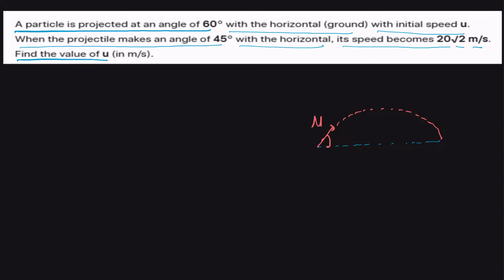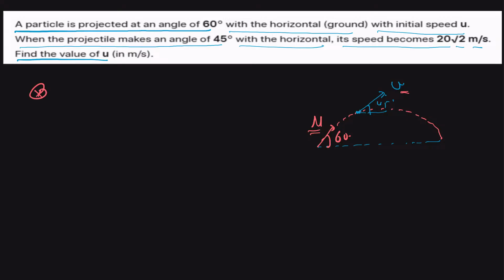After some time, suppose it reaches here, and at this particular instant its velocity is v, and here it is making an angle of 45 degree. So this is the basic figure, and we can divide both u as well as v in terms of their components, and we are interested in the horizontal component only. We are not interested in the vertical component.